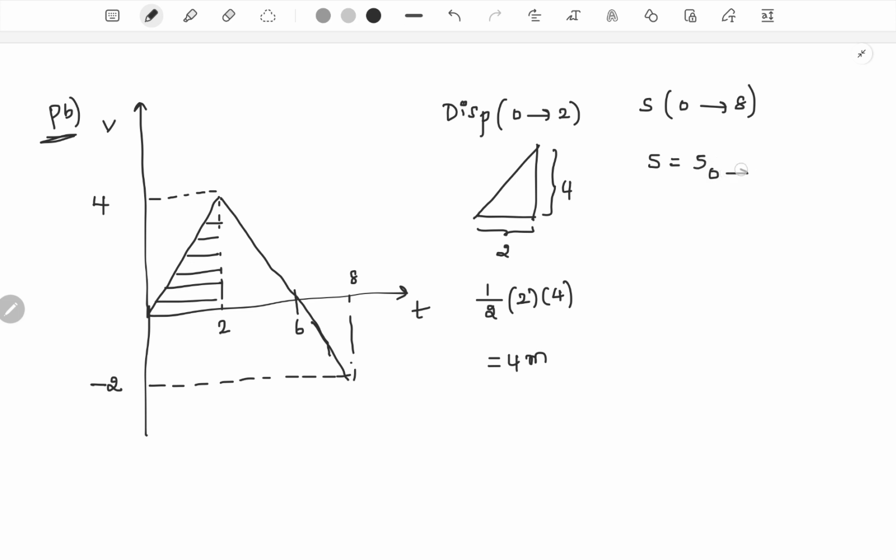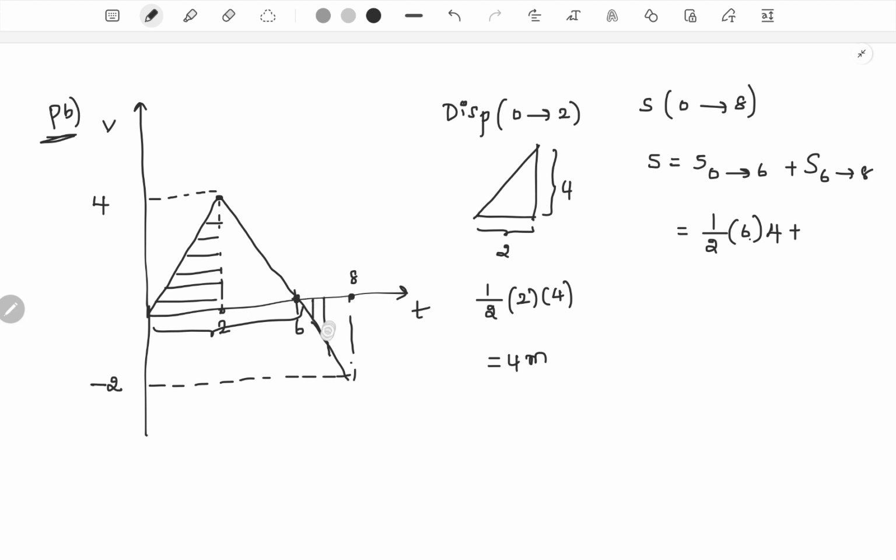So we will calculate the area from 0 to 6, because between 0 to 6, if you look at the area below the graph, it would basically be a triangular portion, plus again the displacement from 6 to 8. So displacement from 0 to 6 is given by, since it's a triangle, half into base, which is basically 6 units, into height, from here to here, which would be 4 units, plus the next part that we need to take, between 6 to 8 seconds.